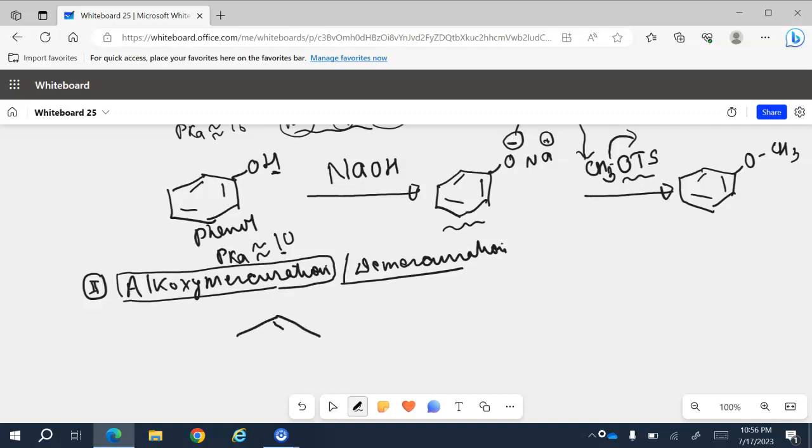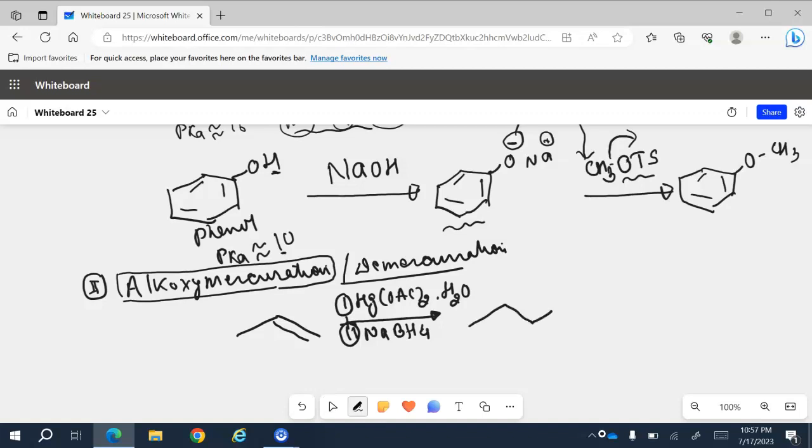So say for example, if you have an unsymmetrical alkene and you want to add water across the double bond, you can do the hydration reaction, and that is called oxymercuration demercuration. And the reagent for this is, number one, mercuric acetate, and you are of course adding water, and the second step you need sodium borohydride for the demercuration.